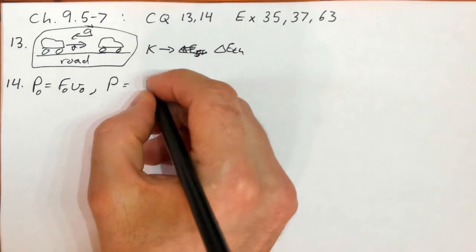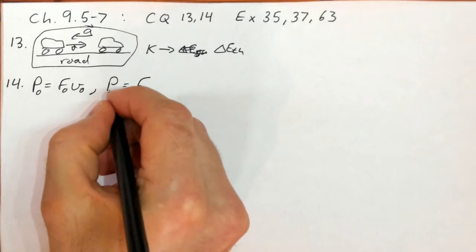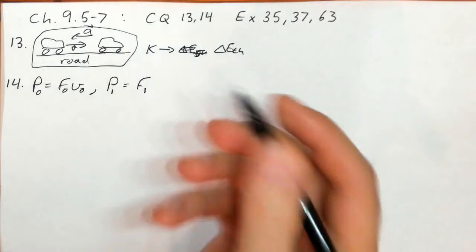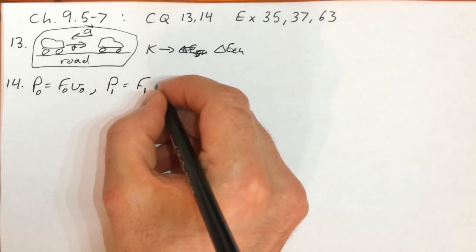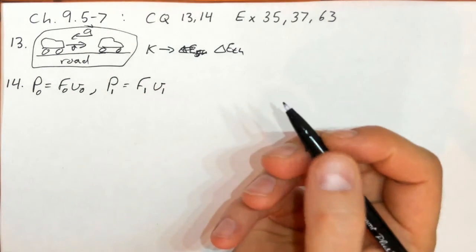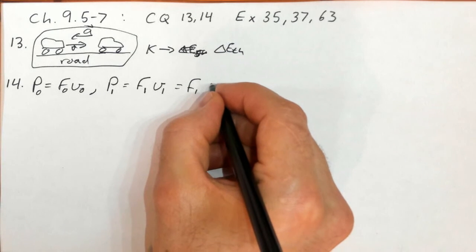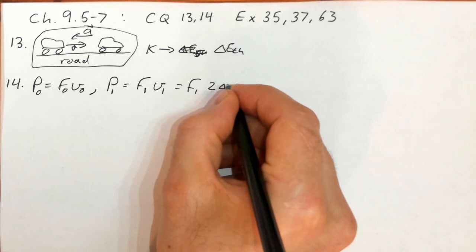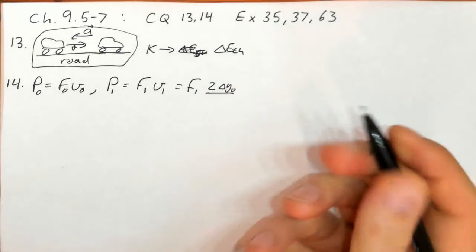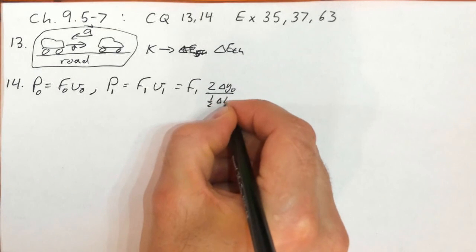And so we have some force, a new one. Maybe I'll put a 1 here to make a difference. So some force, we'll figure out what that is. And we have a new velocity, which would be v1. And we could say v1 is going to be the distance, which is twice the vertical distance, delta y0, twice the distance in half the time.